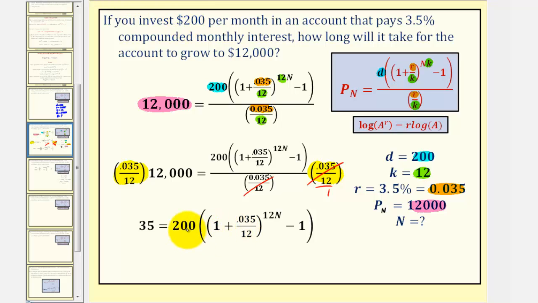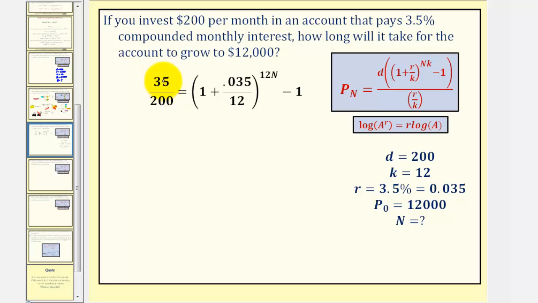Now for the next step, this is 200 times this quantity here. So let's go ahead and divide both sides by 200, which means this will simplify to 1, so we can drop these out of parentheses, and we'll leave this as a fraction even though we could simplify it. So now we have 35 divided by 200 equals this quantity here. Again, notice how this is raised to the 12n power.